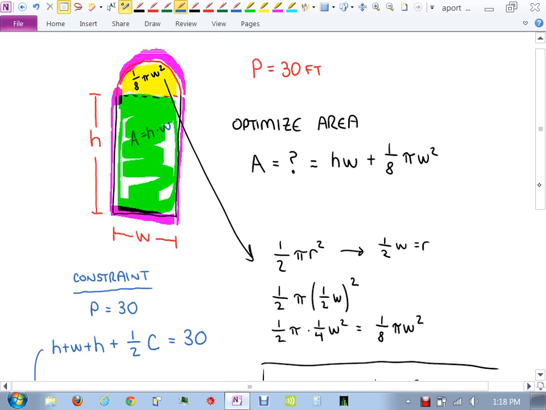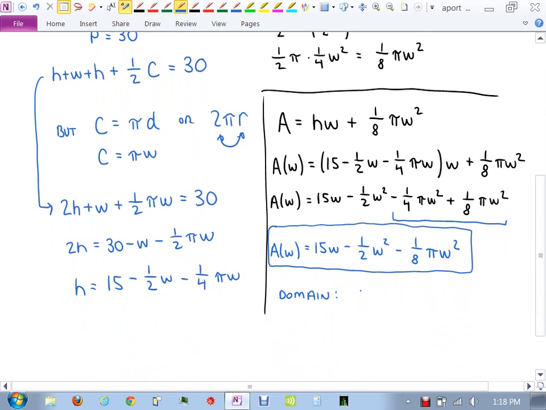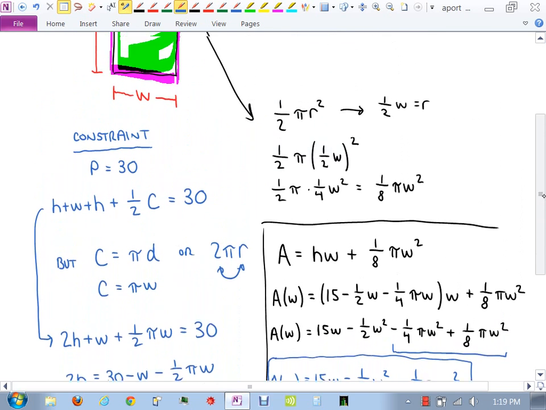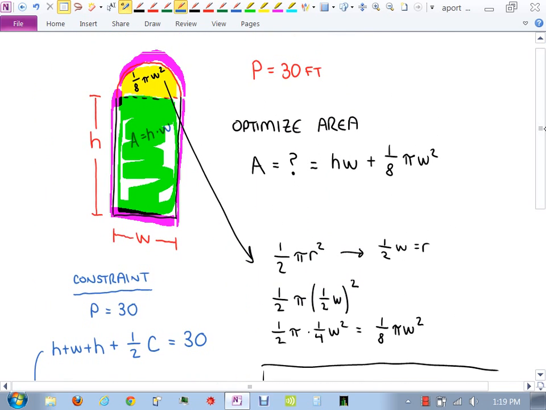So it's going to look like our domain will be something like, okay, 0 must be less than or equal to W, less than or equal to. Here's the question though, what's the biggest it can be? Well, we have to be careful because if we say 30, then isn't the top part of the circle 1/8 pi w squared?